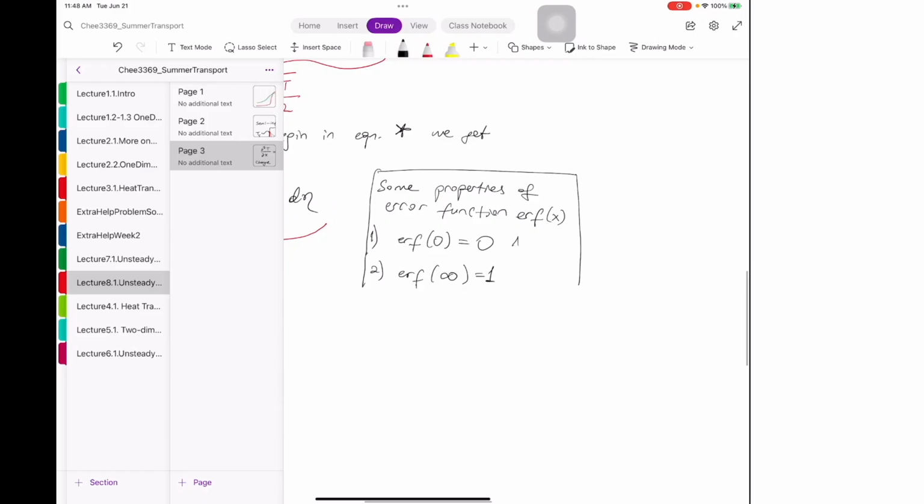It basically looks like the following. It starts from 0, goes up to 1, asymptotically. I guess it should be something like this, as far as I know. Let me check really quick. Error function graph. Oh yeah, it's like this. The error function looks like exactly how I showed you.